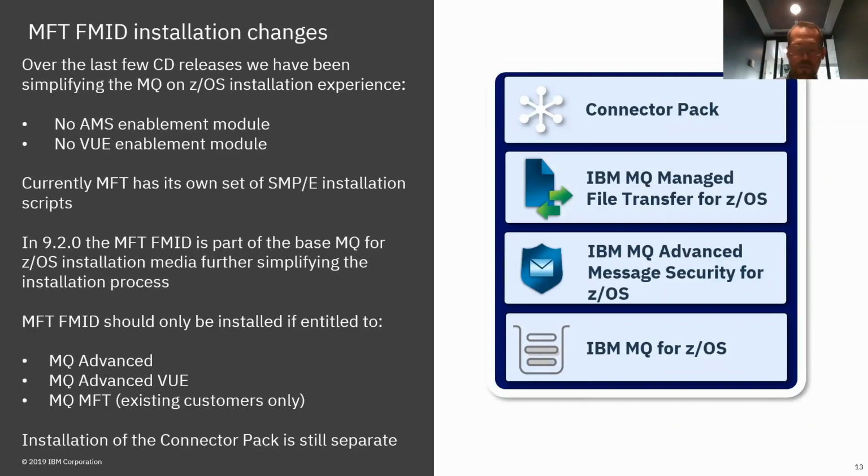There is now no requirement for either of those. Instead, you tell the queue manager what entitlement you've got, and if you say you've got AMS entitlement, it will trust you and allow you to switch AMS on. And then when you've enabled this function, that will get put into SCRT records and validated at a later point. So this is now much simpler to set up things like AMS or VUE.